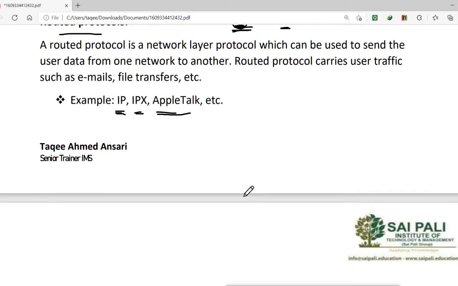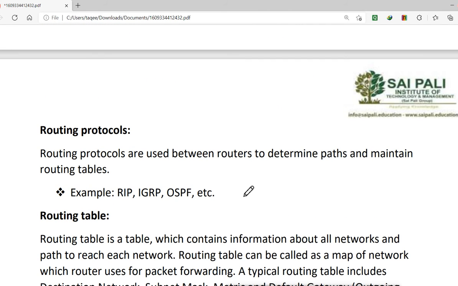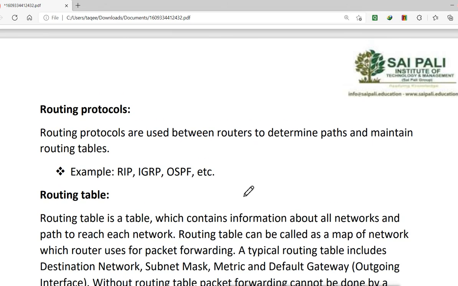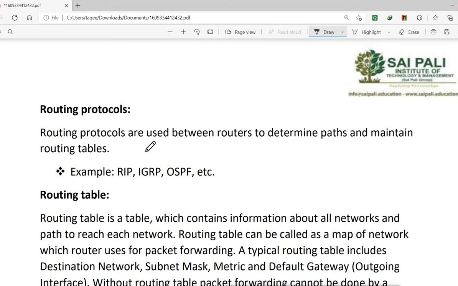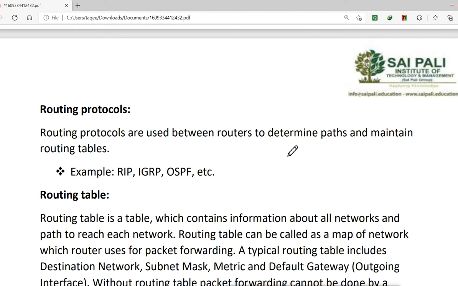Then we have routing protocols. What do routing protocols mean? These routing protocols are used between routers to determine the paths and maintain the routing table. That means they are used to route the routed protocols, and to maintain the routing table in the router.